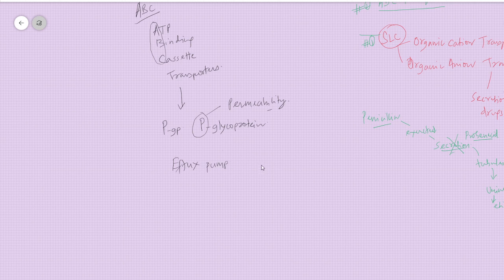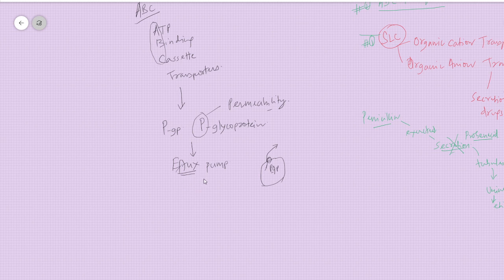If this is a cell and there is a PGP here, what the PGP does is it removes certain things from within this cell to outside this cell. That is efflux. The opposite, if something brings in, we call it influx. But PGP is an efflux pump.